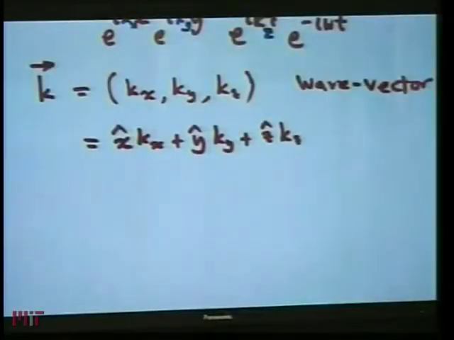Now, that's one useful thing to know, but that's not all. The wave vector appears to be composed of three elements. So the question is, do I really have 3 parameters? Can I describe a plane wave with 3 parameters?